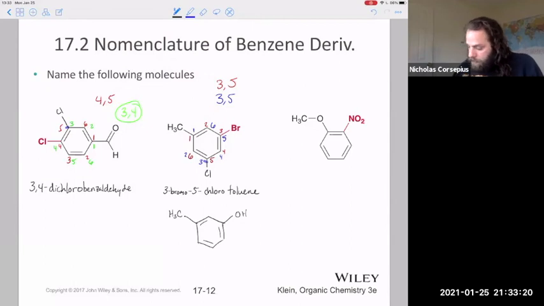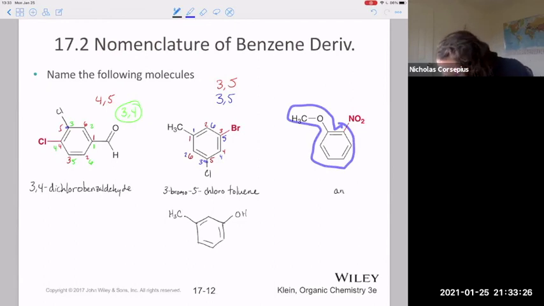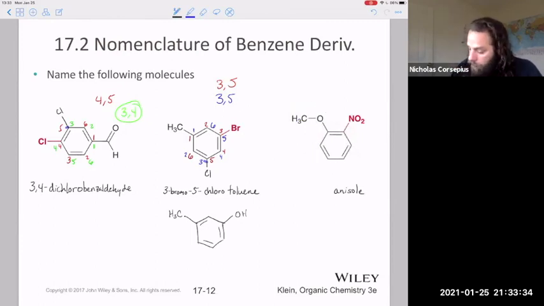All right, and then the last one, remember we're going to first pick out the parent chain. In this case, it is that anisole, right? That special ether group off the benzene. Your substituent is going to be a nitro, so it's nitroanisole.